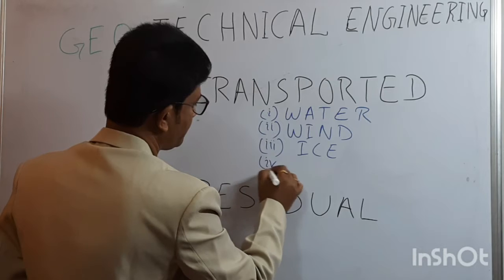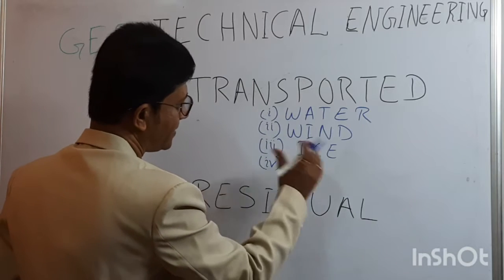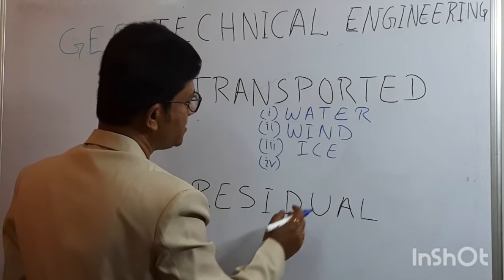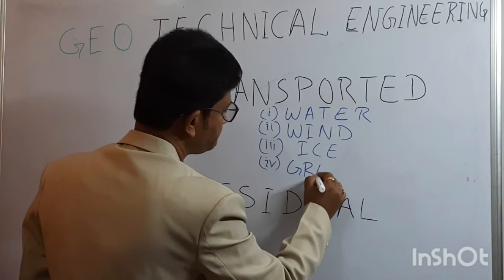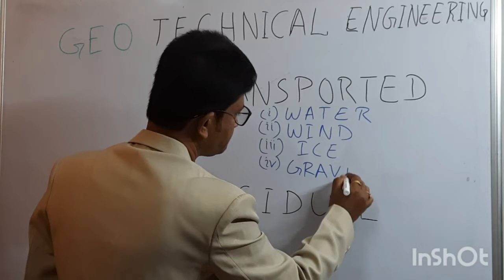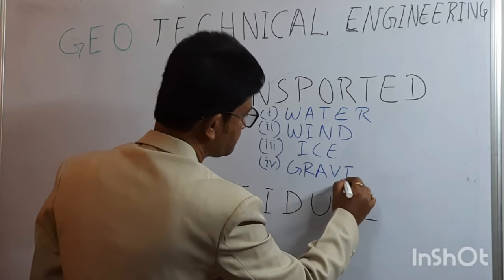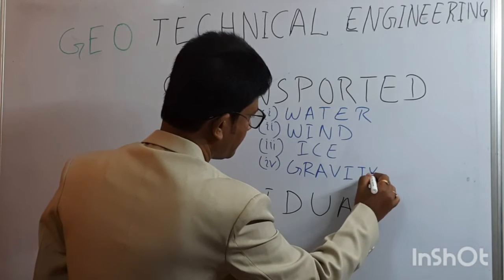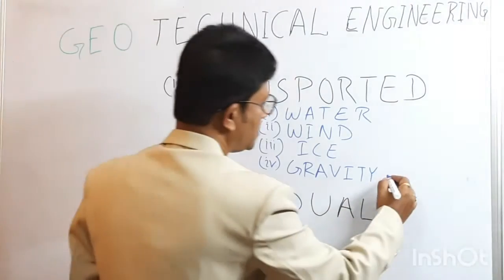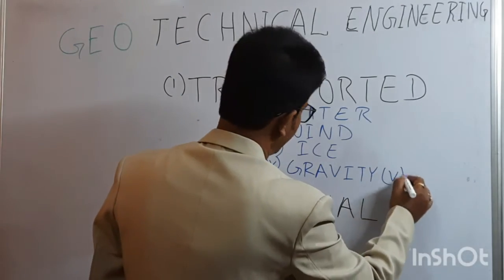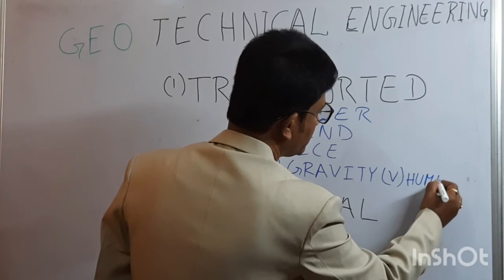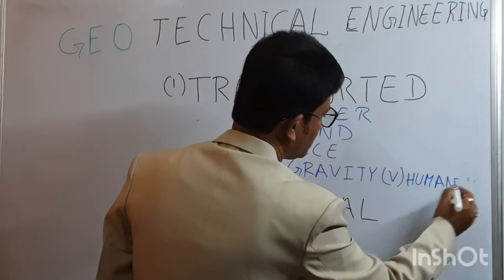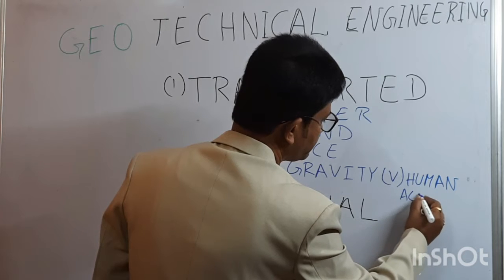Number four is action due to gravity. This is gravity. And number five is the human activities.